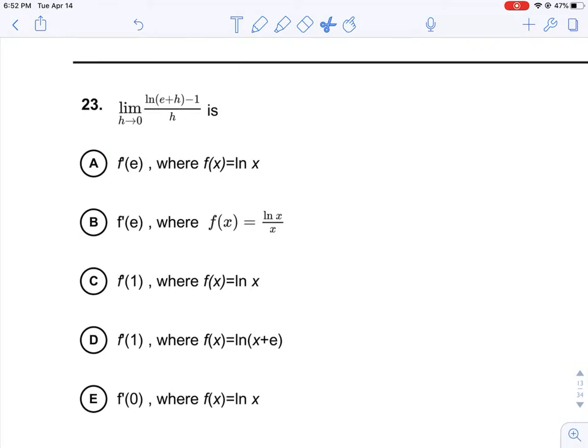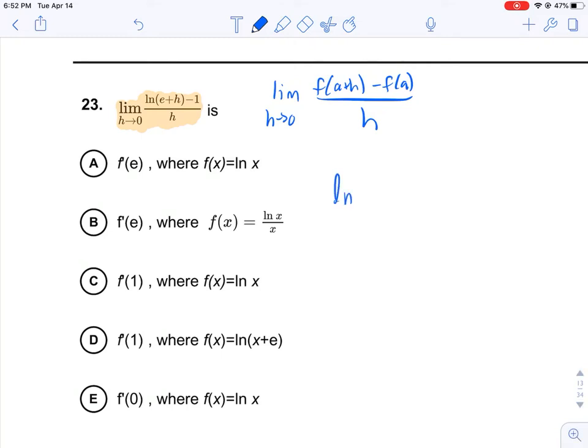23. If you recall, the limit as h goes to 0, we did that when we were doing derivatives. So this is asking us to find the derivative of something. This is actually the same as the limit as h goes to 0 of f of a plus h minus f of a, over h. Remember that? And so what this is saying is f of a plus h, where a is e.